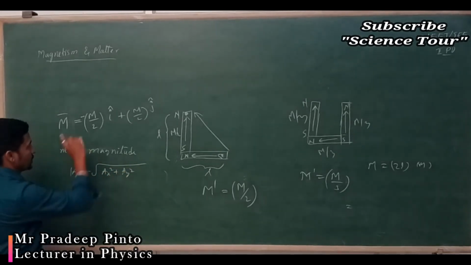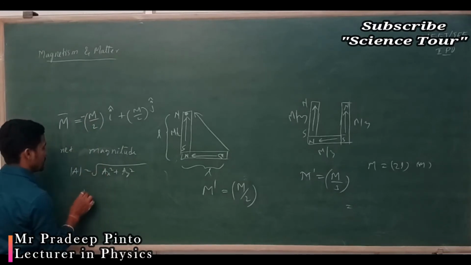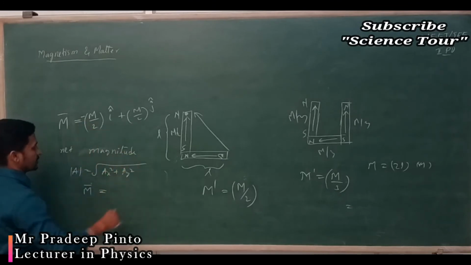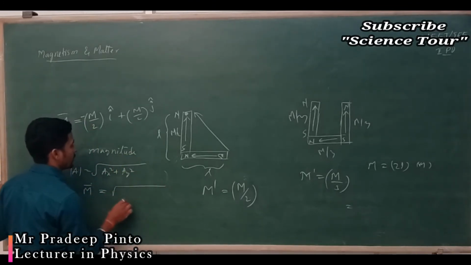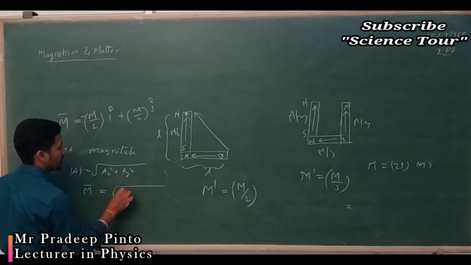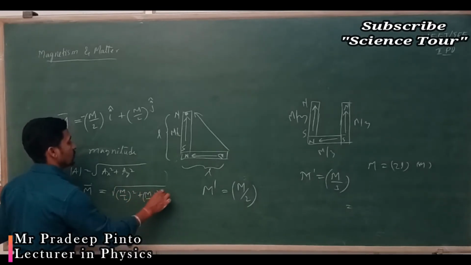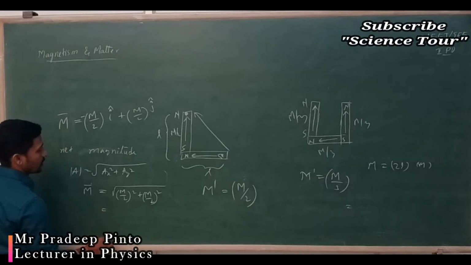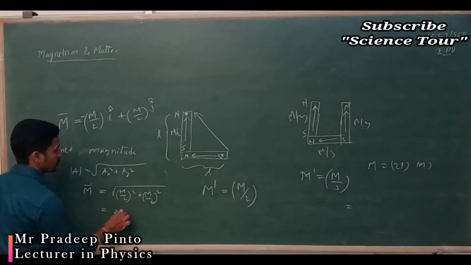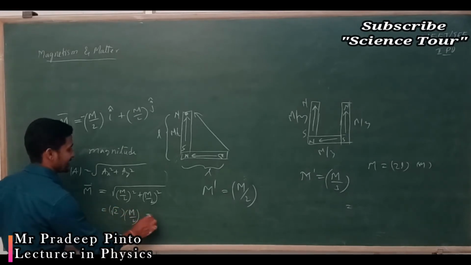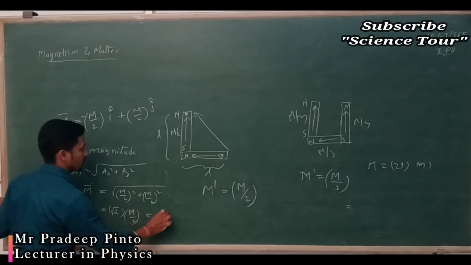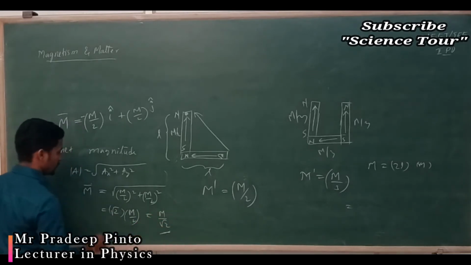So the magnitude here, that is nothing but the net magnetic moment, is the square root of (m by 2) whole square plus (m by 2) whole square, which is root 2 into m by 2, so it becomes m by root 2.